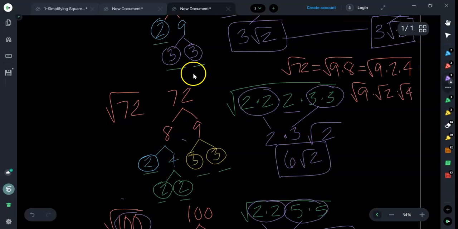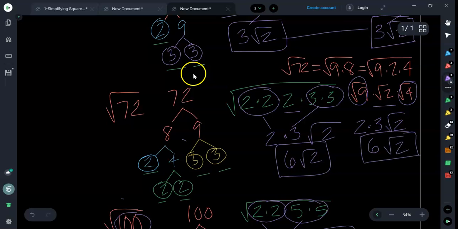And what are my factors? Well, what's the square root of 4? It's 2. What's the square root of 9? It's 3. What's left underneath? The square root of 2. And what's 2 times 3? 6. Square root of 2. Same answer, guys.